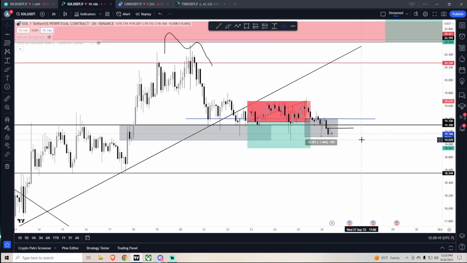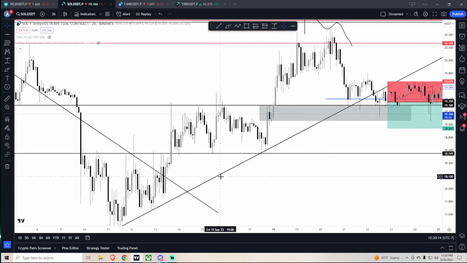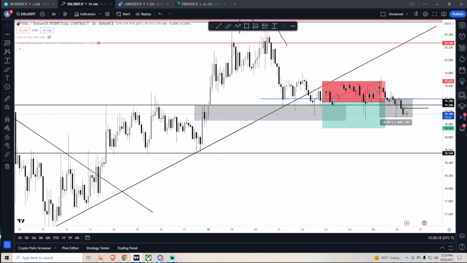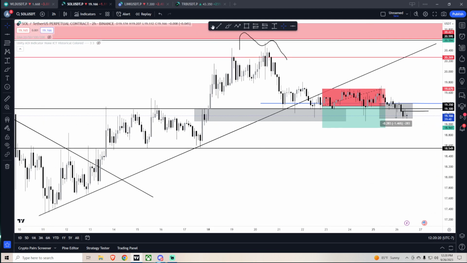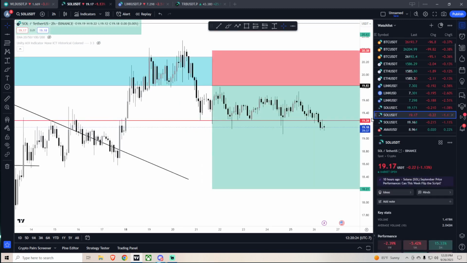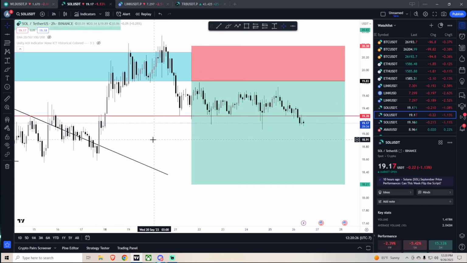So breakdowns, breakouts, if I got into, let's say we were doing this setup here. Let me go back to another Sol chart really quickly. Okay.